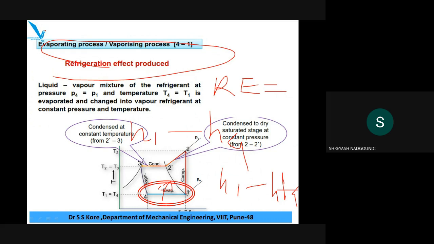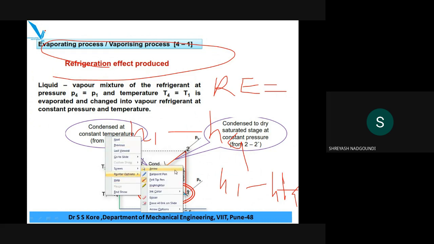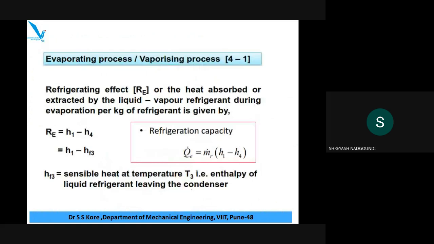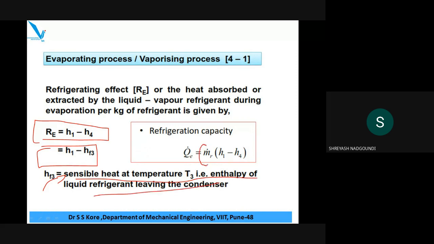So the refrigerating effect is equal to H1 minus H4, or we can write H1 minus HF3. HF3 is the sensible heat at temperature T3, that is the enthalpy of the liquid refrigerant leaving the condenser. If we multiply by the mass of refrigerant, we will get the answer in kilowatt. So this is the refrigerating capacity we can find out.